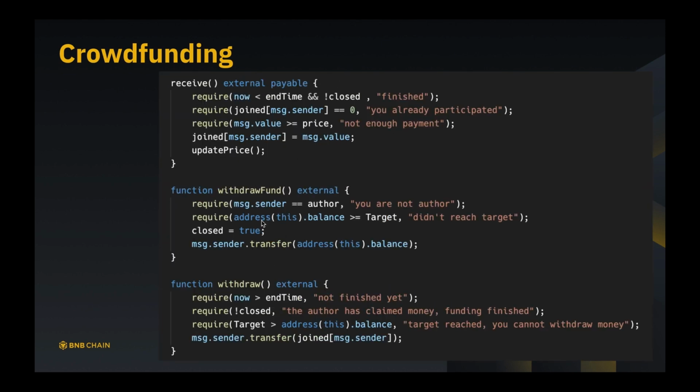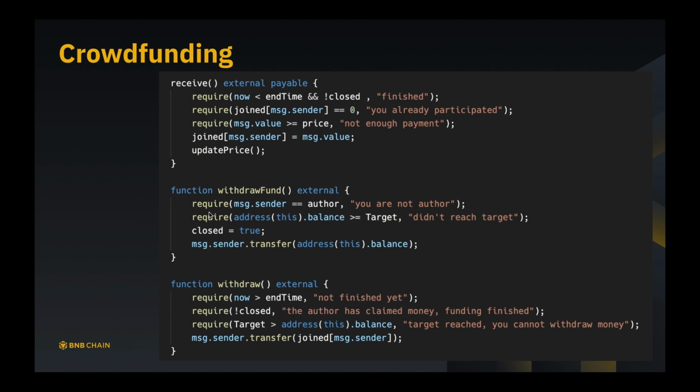Then withdraw funding is when the author can claim the money. The author can claim money as long as the balance, the current money raised, has reached the target.